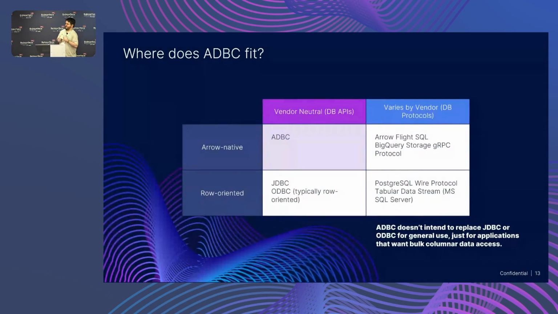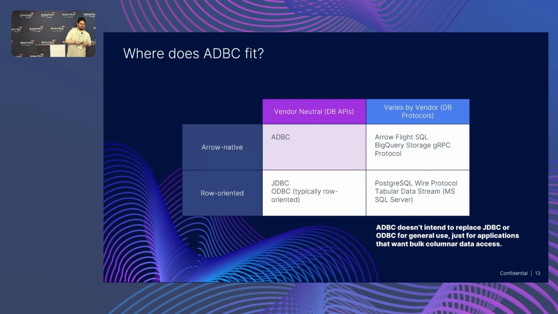So in your general ideas, where does ADBC fit? Well, here's a helpful little guide. If your workflow is primarily row-oriented, maybe it's a transaction OLTP, then you're probably going to use JDBC or ODBC. You're probably using a row-based interface.